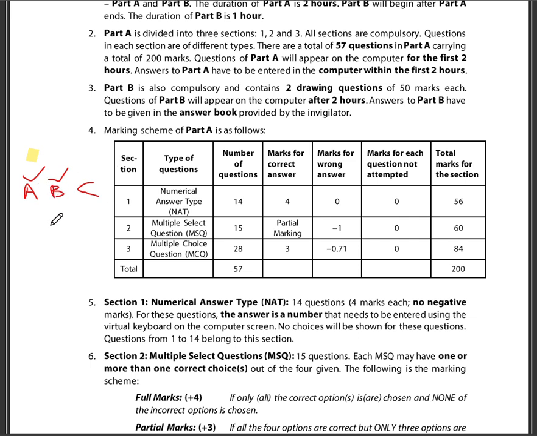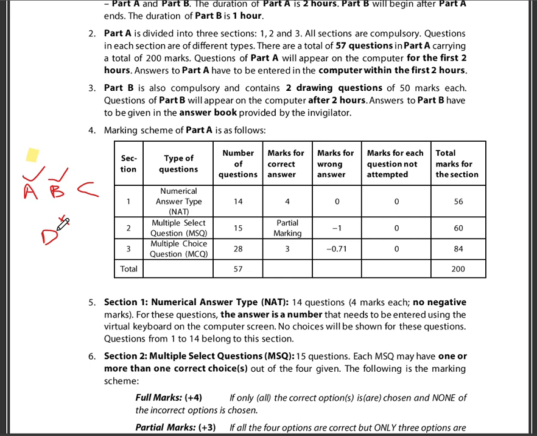But let's suppose you attempted option D and option D is incorrect. Then you won't get any marks for option A or option B, which are correct, and you also lose -1 for negative marking.